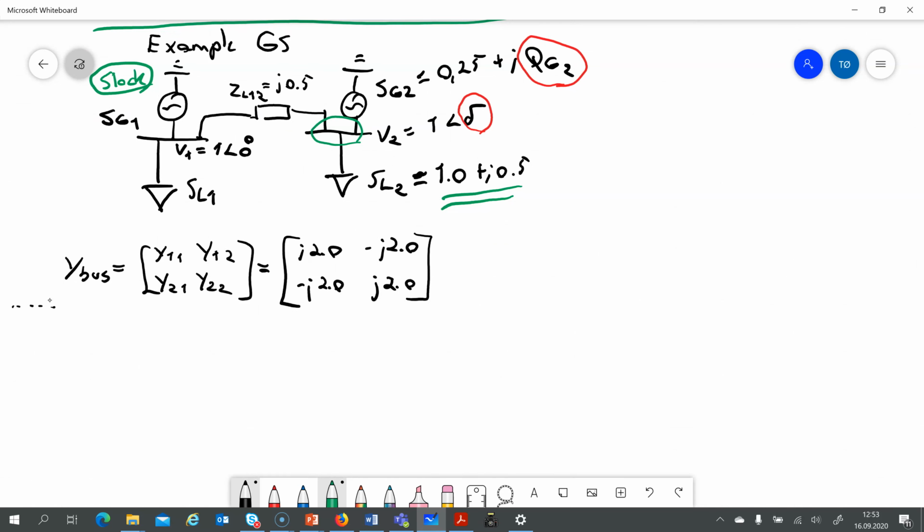We have V2 first iteration equals 1 divided by Y22, times P2 schedule minus jQ2 schedule divided by V2 conjugate of iteration 0, minus Y21 V1.